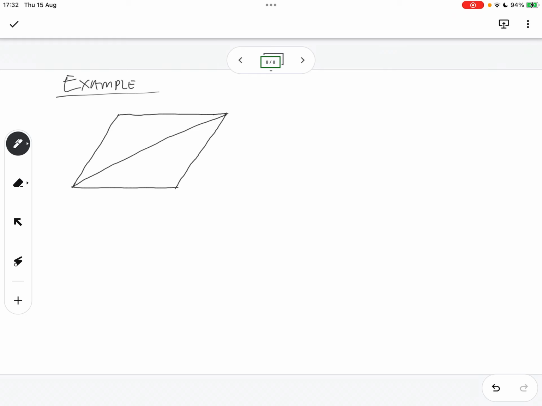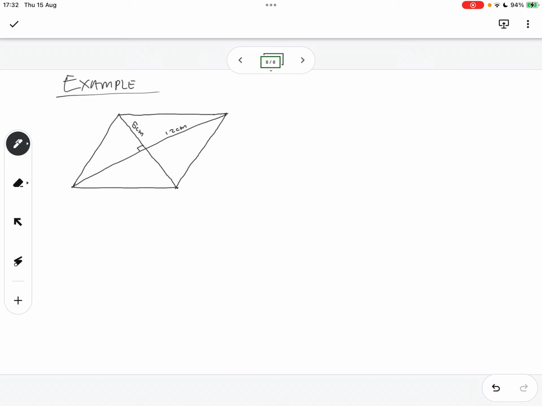Let's close the shape there. Oh, I drew it the other way around, but if I get the dimensions right, it's the same thing. Oh, it's actually a rhombus. Interesting. So this side here is 5 centimeters long. This side here is 12 centimeters long.